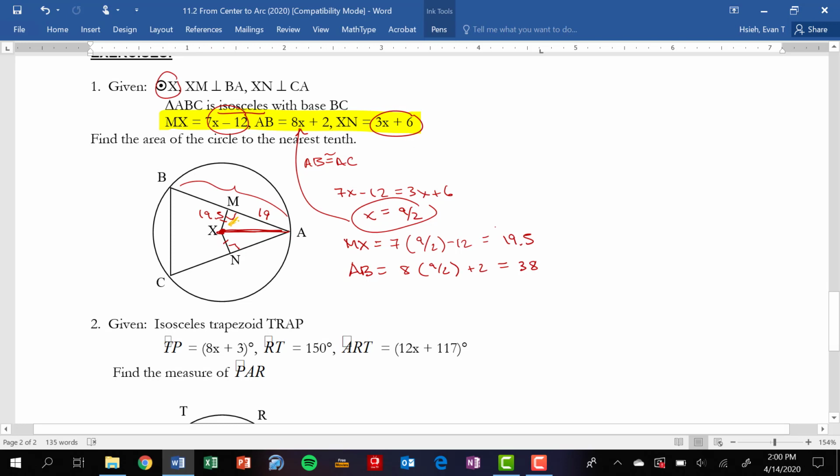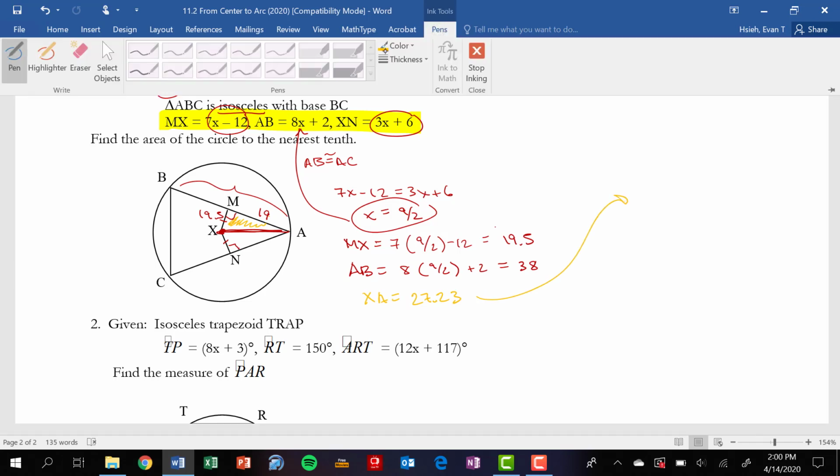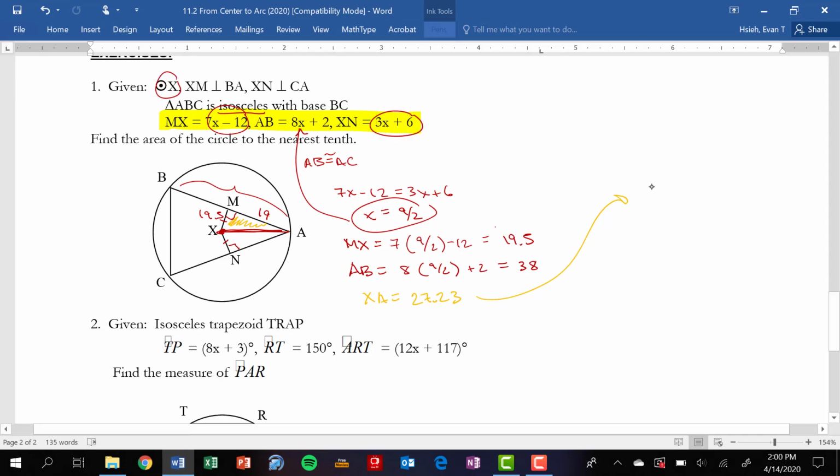I can solve this little triangle here, and doing the Pythagorean theorem, I get that XA is equal to 27.23. I'm going to do that work on the side and get 27.23. Once I know that, the area of the circle is just equal to pi r squared.